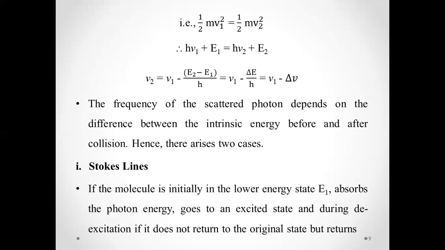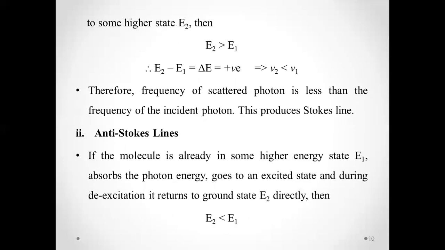Hence, there arise two cases. The first case is the Stokes lines. Here, if the molecule is initially in the lower energy state E1, absorbs the photon energy, it goes to an excited state, and during de-excitation, if it does not return to the original state, but returns to some higher state E2, then E2 is said to be greater than E1.